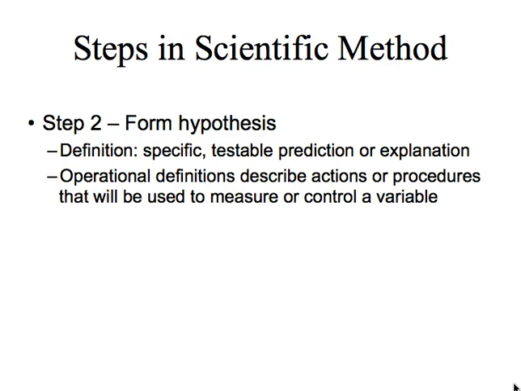To be testable, scientific hypotheses must be specific predictions, and the variables that we are studying must be clearly defined. These clear definitions are provided by what we call operational definitions, which describe the actions or procedures that will be used to measure or control a variable.